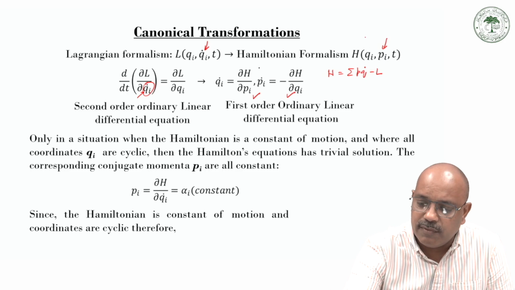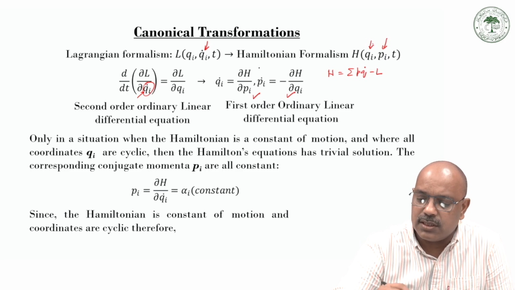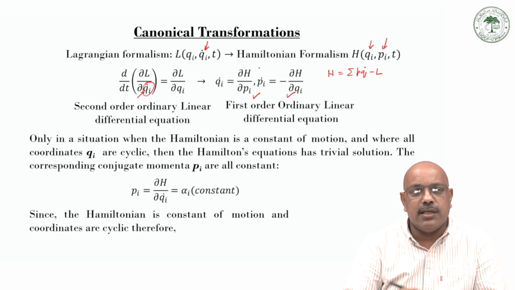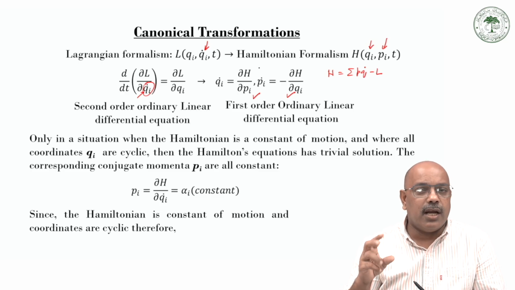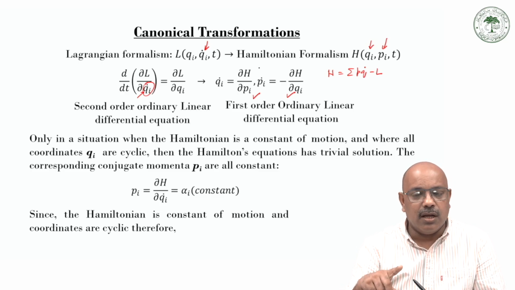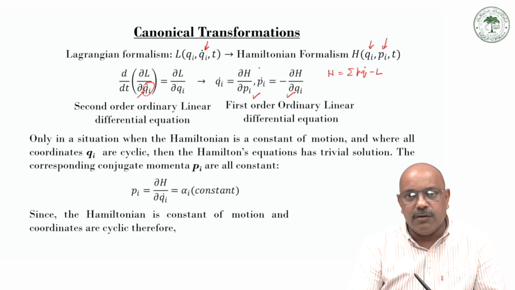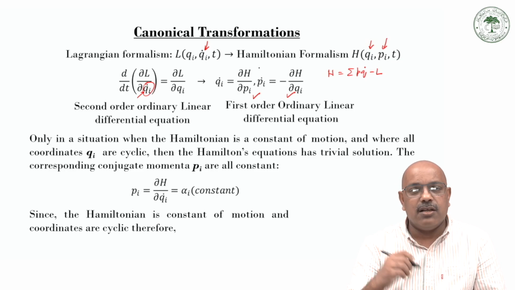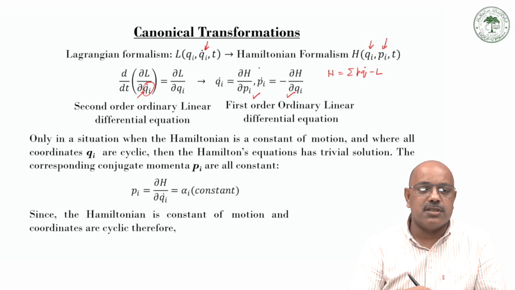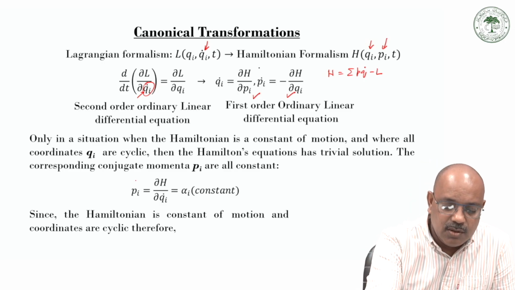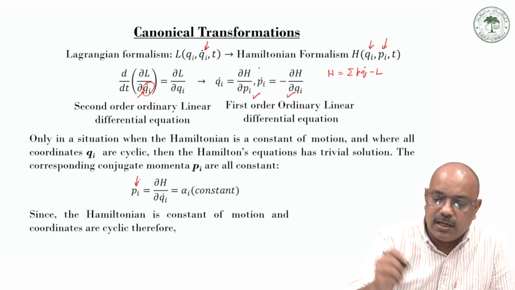When in your Hamiltonian the coordinate q is cyclic, then you know that the generalized momentum corresponding to that particular cyclic generalized coordinate is going to be constant. We know this for the pi corresponding to that generalized momentum.